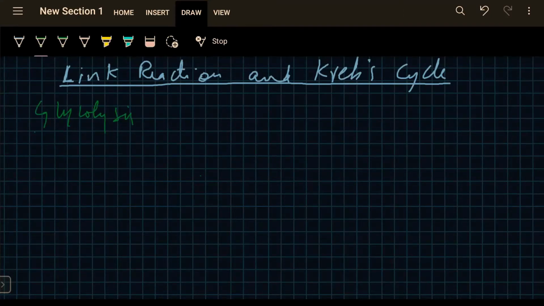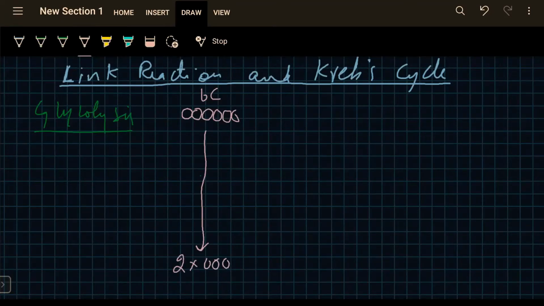In glycolysis, we discussed that a 6-carbon sugar is finally broken down to 2 molecules of 3-carbon pyruvate.